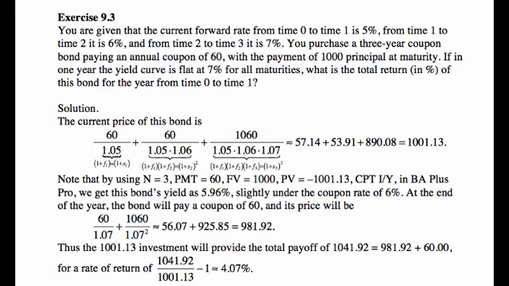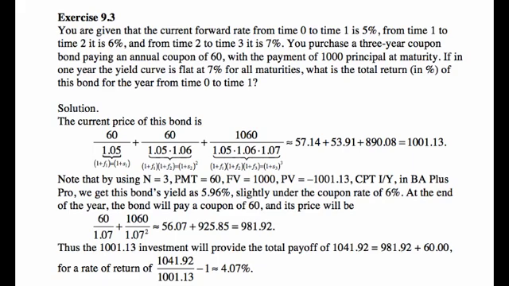Well, what's the rate of return if you spend 1,001.13 and you get at the end of the year 1,041.92? The answer is what you see here, 1,041.92 divided by 1,001.13. That ratio has to be equal to 1 plus the interest rate. So if you subtract 1 from that, we get the interest rate, which comes out to be about 4.07%.